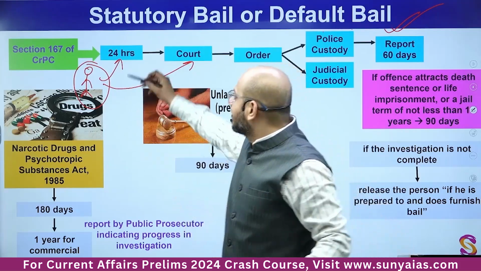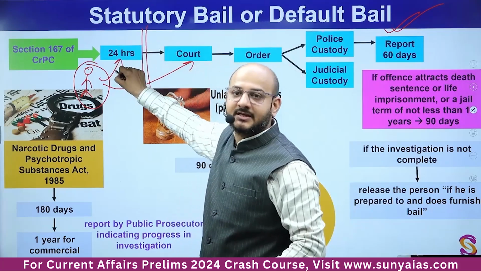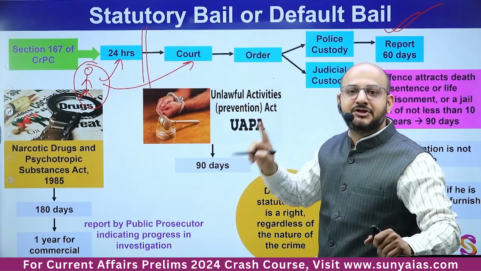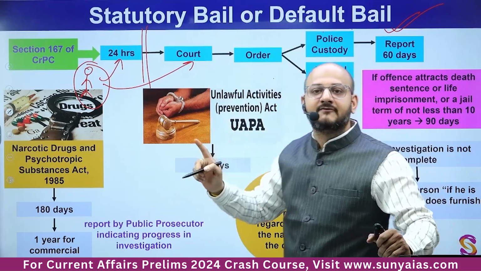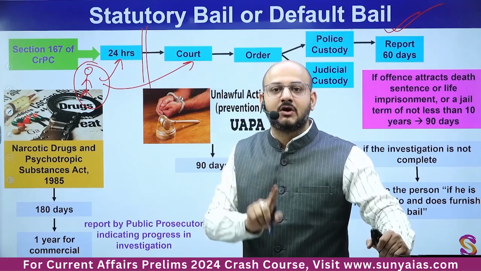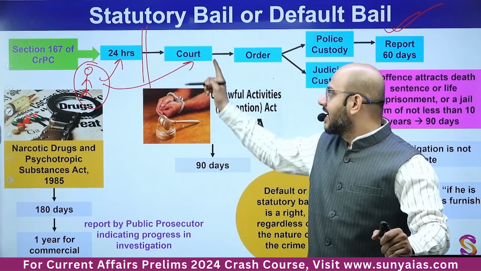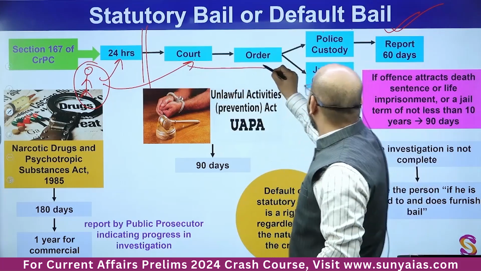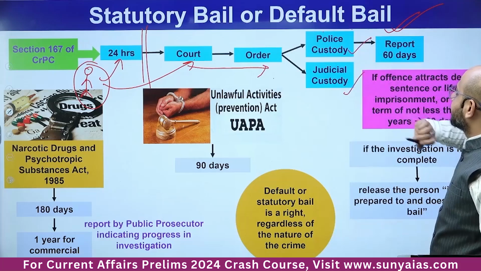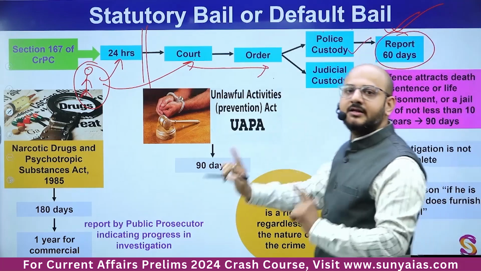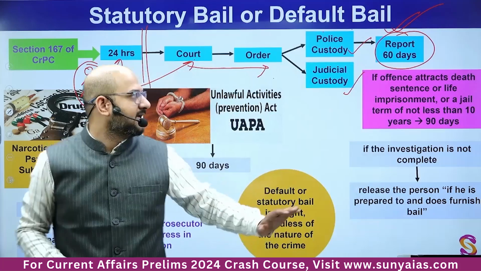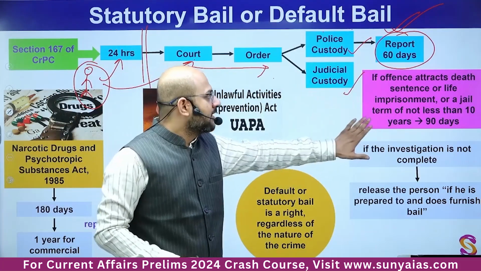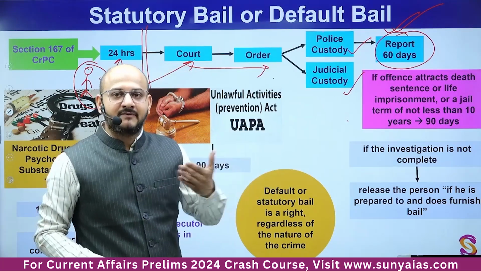But the point is, till here these 24 hours are police custody. But after the court asks for the custody, that will be called judicial custody. And these two are different from house arrest. House arrest is not considered in the time period over here as police custody or judicial custody. So then the court will order police custody, judicial custody, and in an ordinary case, they would say keep him in remand for 60 days and investigate the accused, so that you can find certain information and relevant evidence.